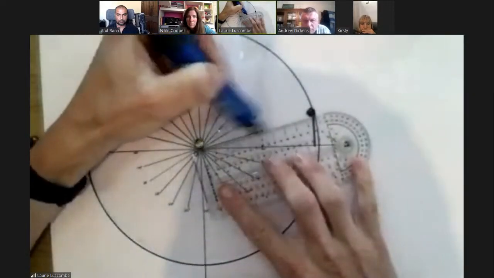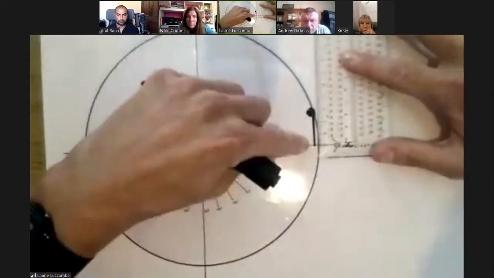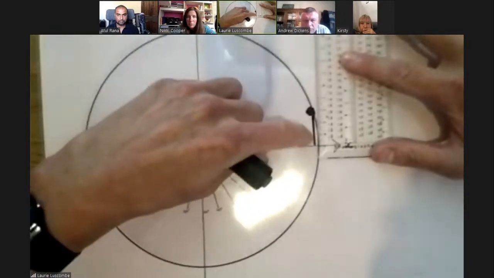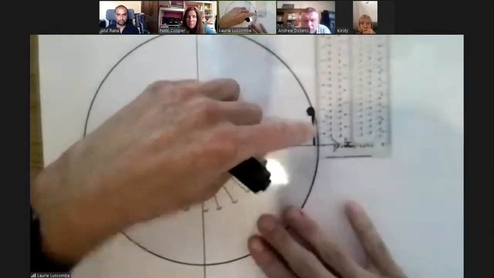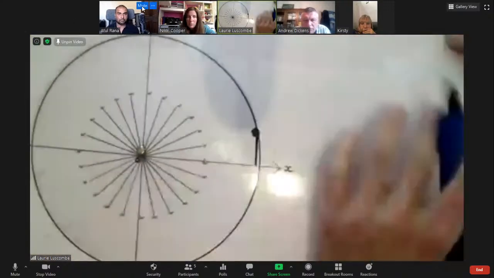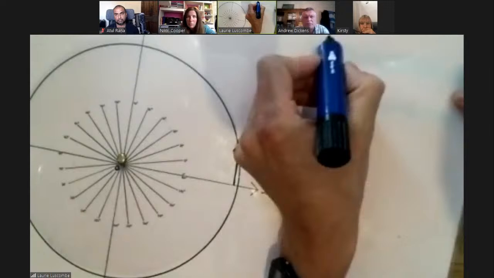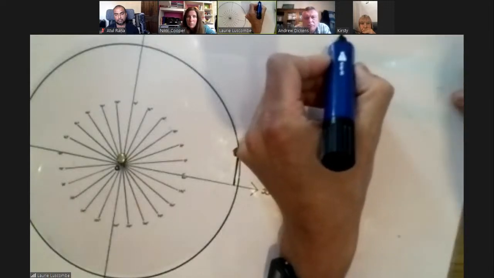So if you mark it at 15 degrees, we ask them to measure this perpendicular height, the height perpendicular to the x-axis. It all comes from the students, but eventually they suggest that a table is a good way of recording this.